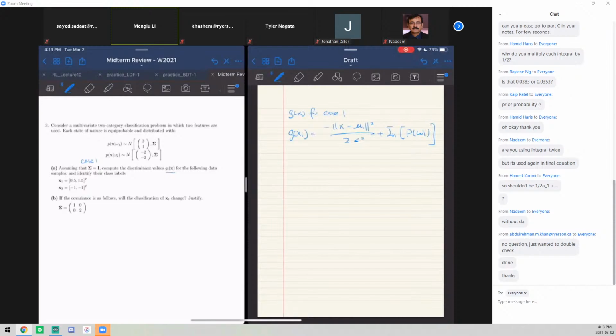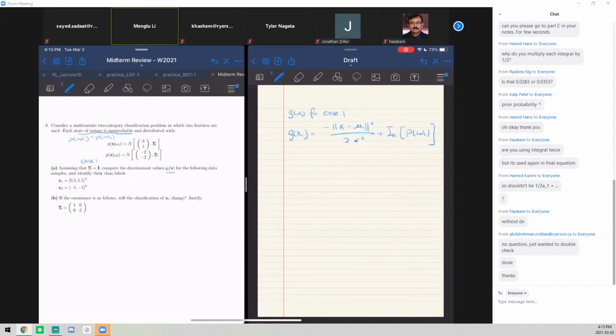I think in the question it says the prior probabilities are the same, right? Yeah, in here, it says the prior probability for both cases are the same.